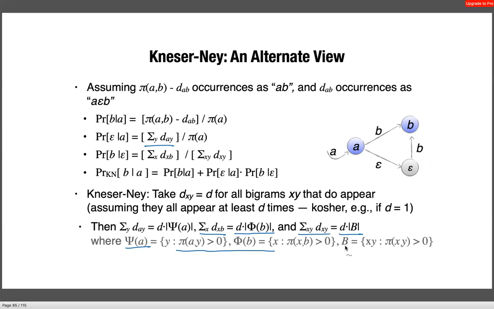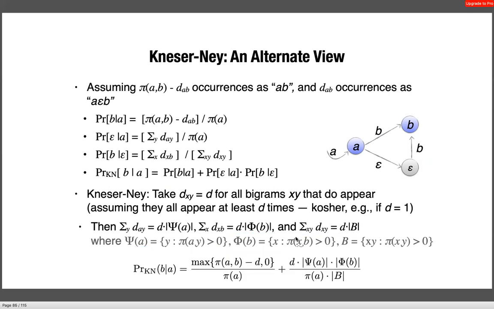Okay, so if I just plug these into my expression for the Kneser-Ney smoothed probability, what is the probability of B given A? It's this expression. And of course, you add this max so that this doesn't become a negative value, plus d times the probability of epsilon given A times the probability of B given epsilon.